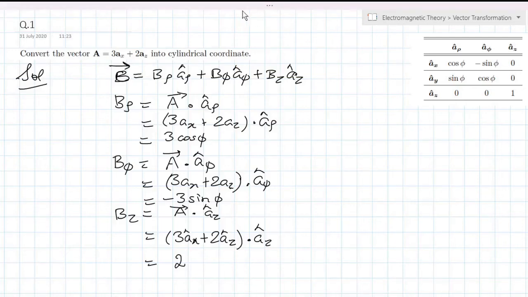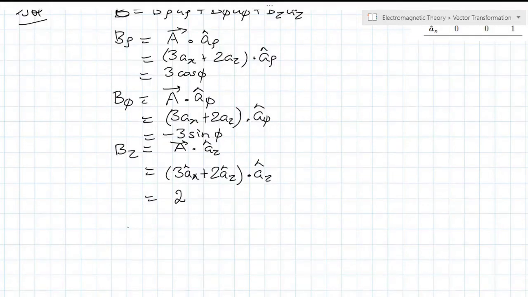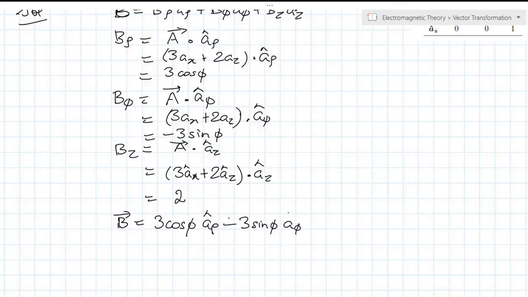So let us move forward. How will we write the answer? See, the answer we have already written. The answer was B rho A rho, B phi A phi, and Bz Az, and we have found B rho, B phi, and Bz. So we will just substitute them in that place. 3 cos phi, and the coefficient is A rho, minus 3 sin phi, and the coefficient is A phi, plus 2az, and this will be our answer.